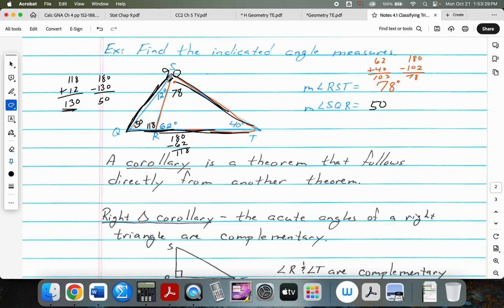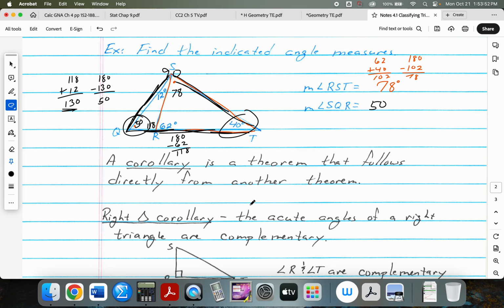So that's a 90-degree angle, so that's a right triangle. Also notice, what do 50 and 40 add together to be? 90. It turns out that's true in every right triangle. You've got a right angle, and then the other two angles have to add together to be 90 so that you get 180 total. That is something called a corollary.